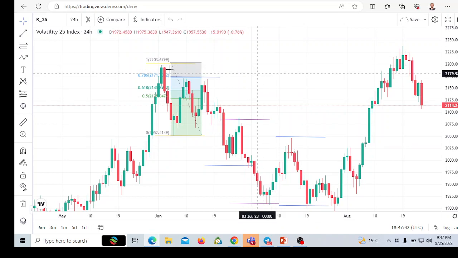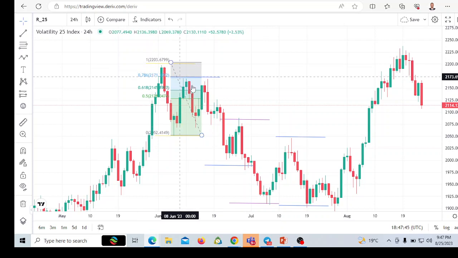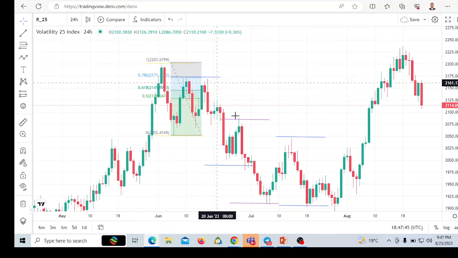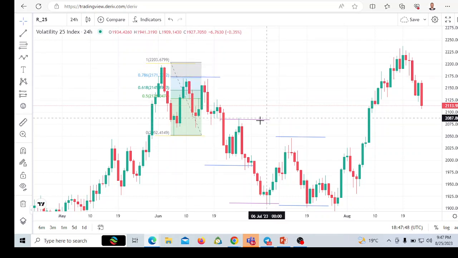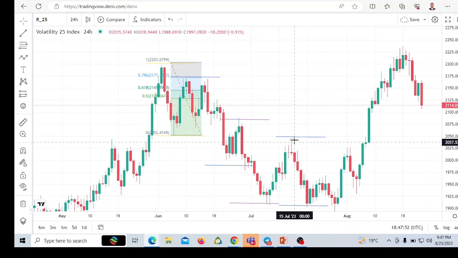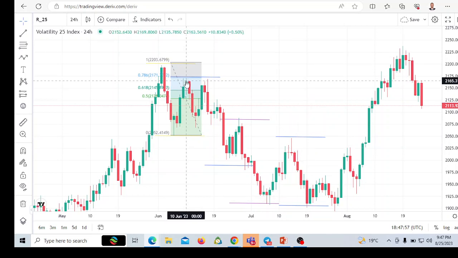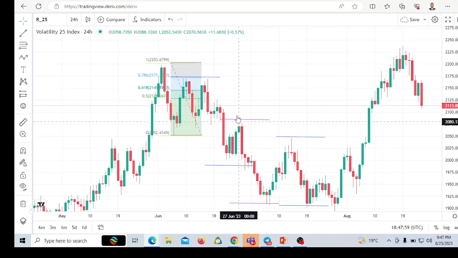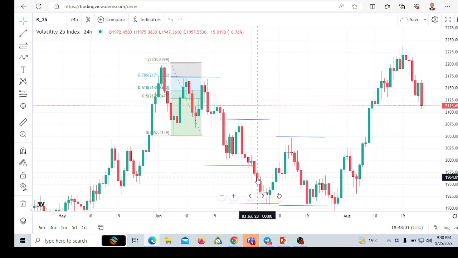For example, why did market turn from here, or why did market turn from here? Why did market turn from this point and come down? Why did market turn from this point and come to this point, or turn from this point and come downward? So we will look at those points of interest tomorrow.